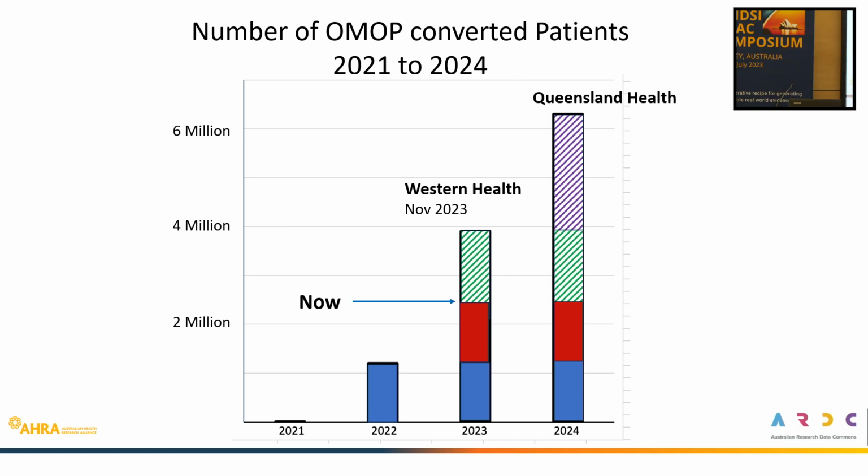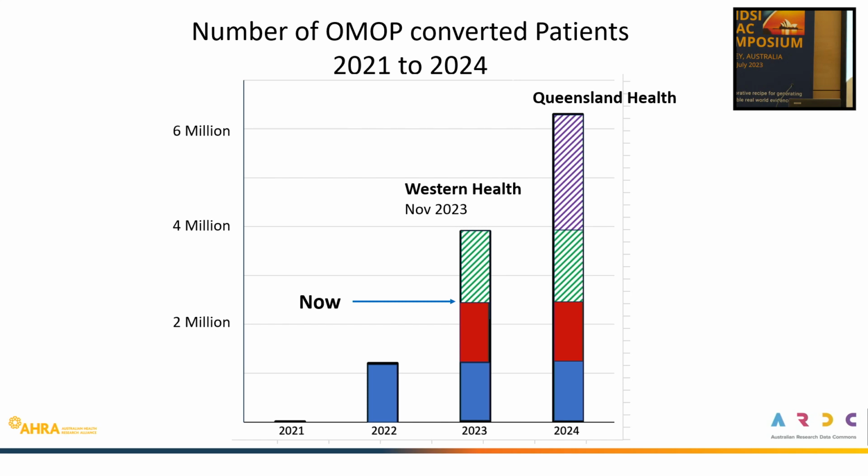And currently, we're working on the Austin data set, which is Austin Health in Victoria, and we've converted another 1.2 million patients to the OMOP Common Data Model. But interestingly, the team at University of New South Wales are doing that work. So it's an example of collaboration working across state borders.